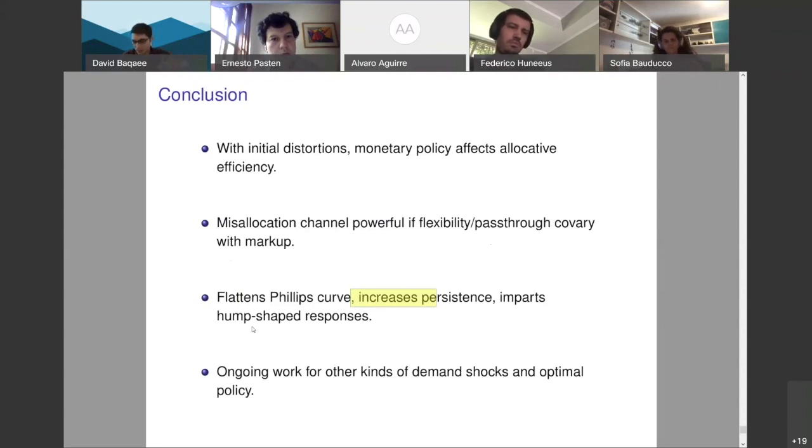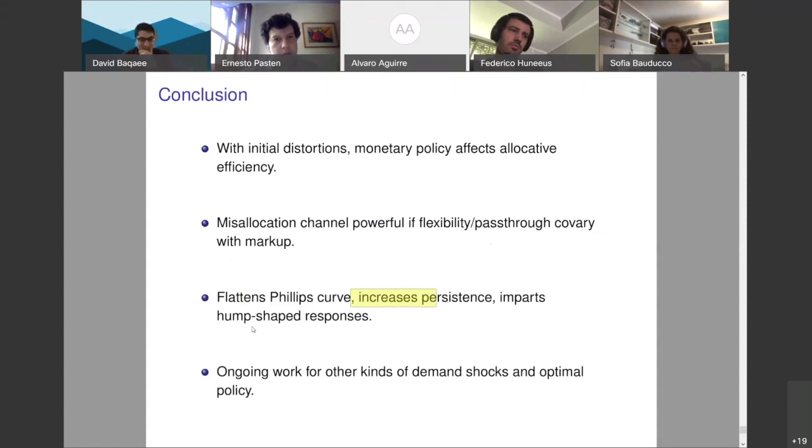It's going to affect you in terms of maybe the implied positive predictions of the model, right? Which is to say, how does output respond? And then it's also going to affect you when you want to think about things like optimal policy, normative questions, especially if that noise is moving around, right?